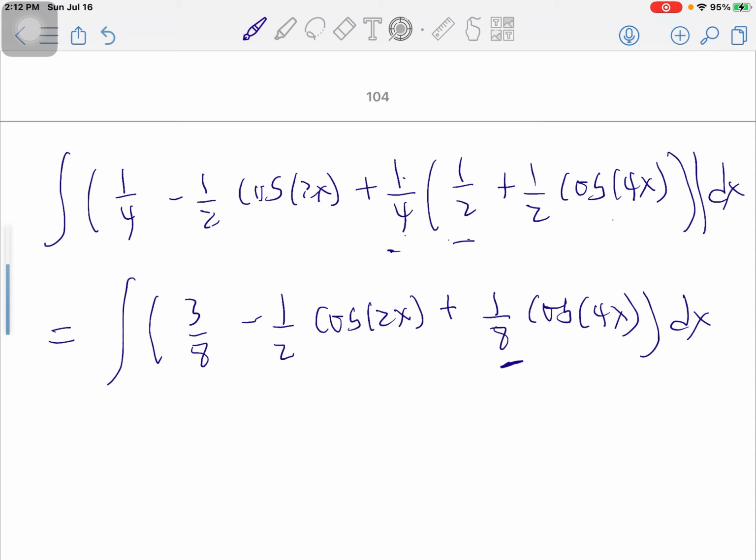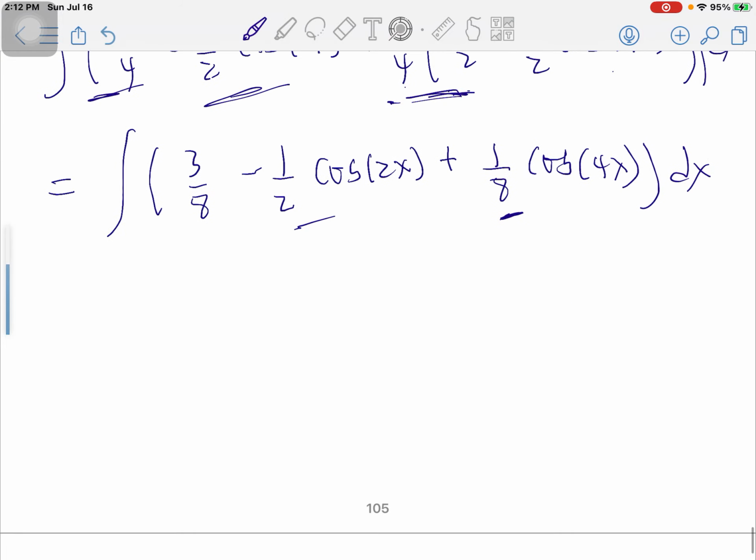So 1 times 1 is 1, 4 times 2 is 8. When you multiply this, we are having the 1 over 8 over there. So when you have the 1 over 8 here and 1 over 4 here, you add them and you get 3 over 8. And don't forget that we are having 1 over 2 cos 2x over there, and then you are done with simplification.